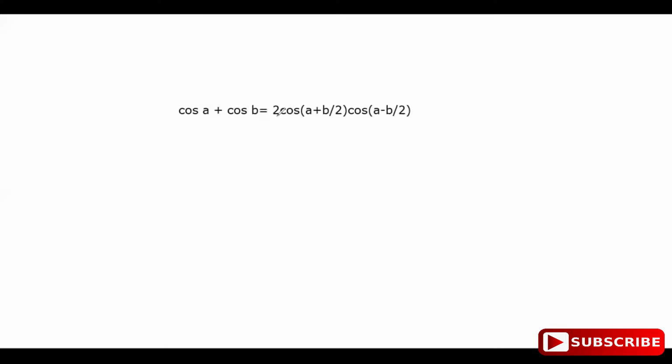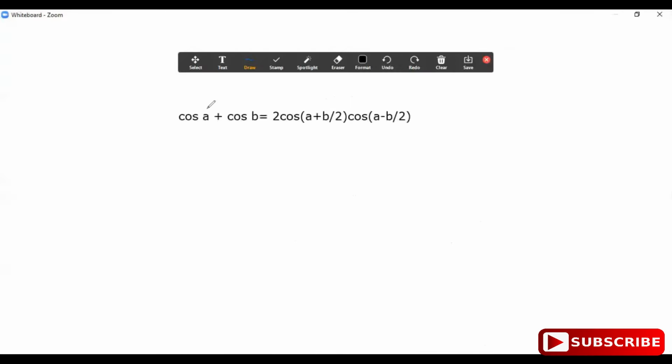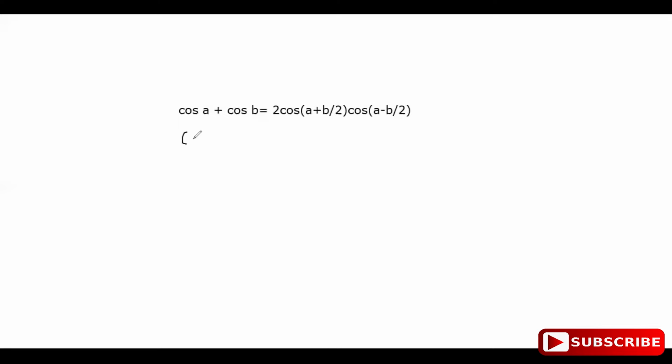If they wanted, that looks like 8x and 2x as the two cosines we're adding. So we just replace A with 8x. So cosine 8x plus cosine 2x is equal to 2 times the cosine of (8 plus 2) over 2, so 10 divided by 2 is 5.